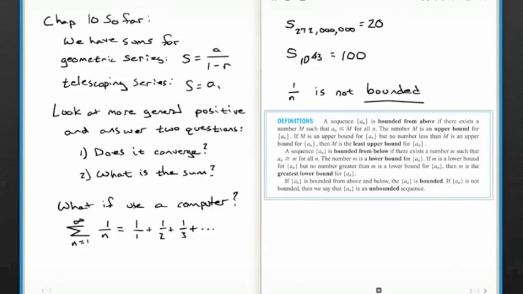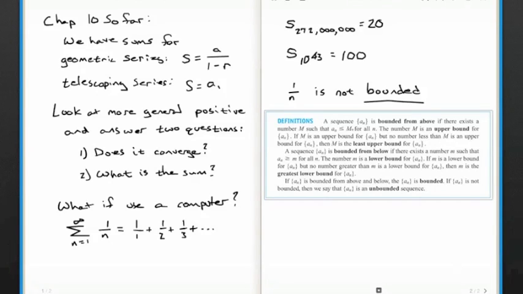A sequence a sub n is bounded from above if there exists a number big M such that a sub n is less than big M, so each term is less than big M for all n. So the number M is an upper bound for a sub n. If M is an upper bound for a sub n, but no number less than M works, then we say M is the least upper bound.